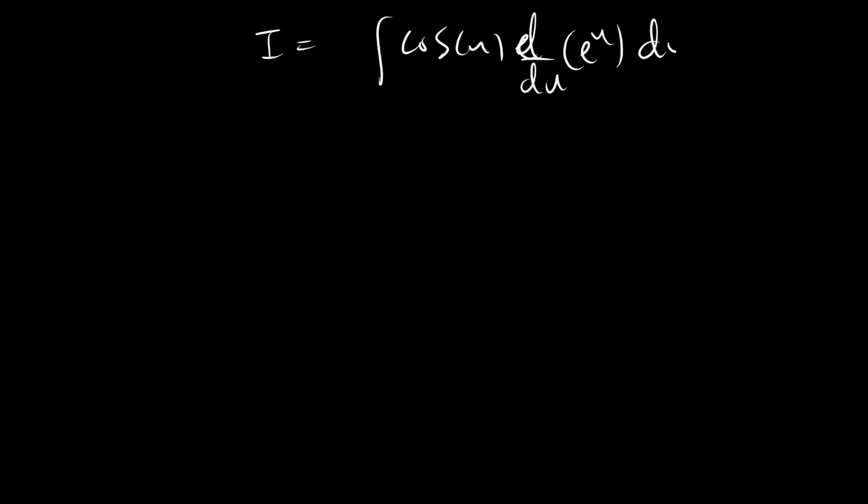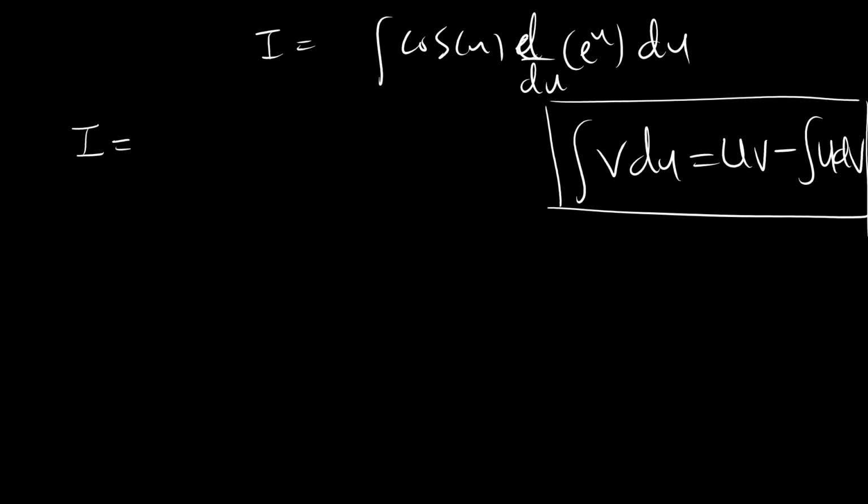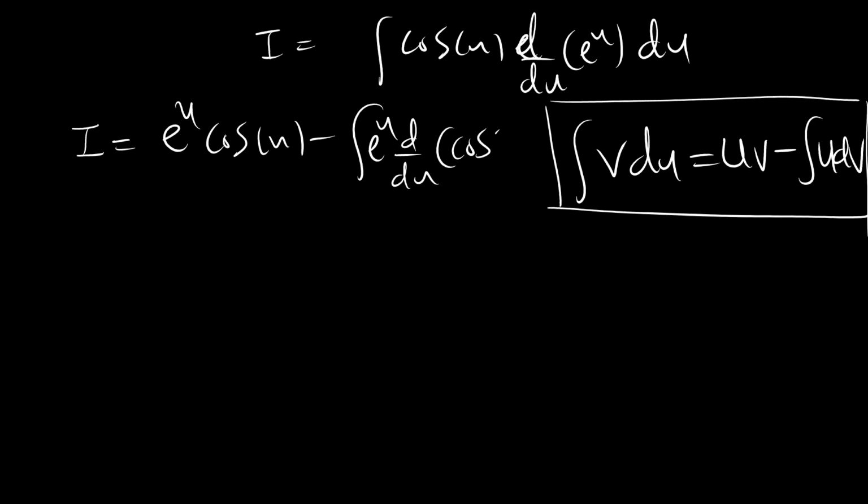So if I is equal to cosine of u times the derivative of e^u, using integration by parts, the integral of u dv being equal to uv minus the integral of v du, it means that our I is equal to e^u cosine of u minus the integral of e^u times the derivative of cosine of u du.